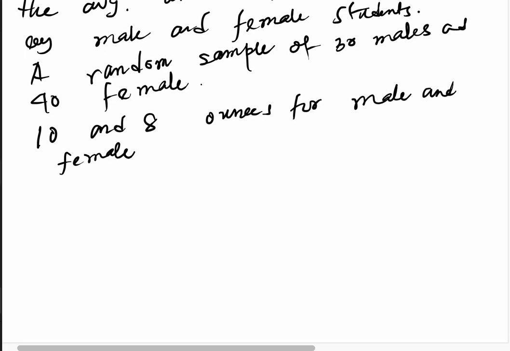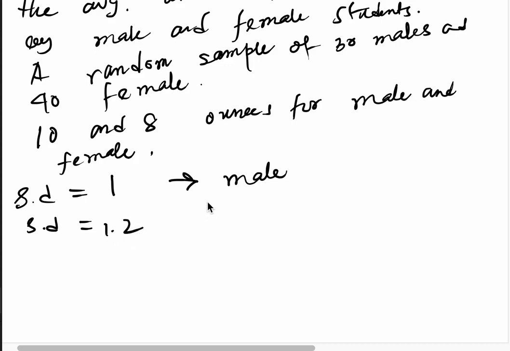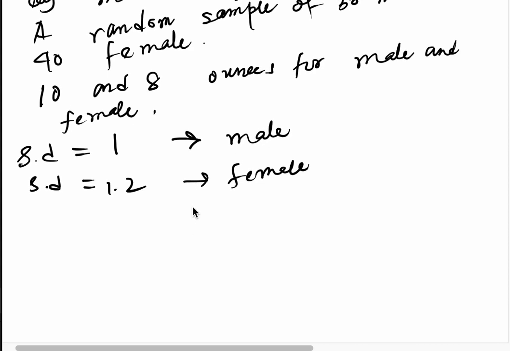Assume that the amounts are normally distributed, with population standard deviation 1 for males and 1.2 for females. Find a 95% confidence interval for the difference of mean ice cream amounts dispensed to males and females.